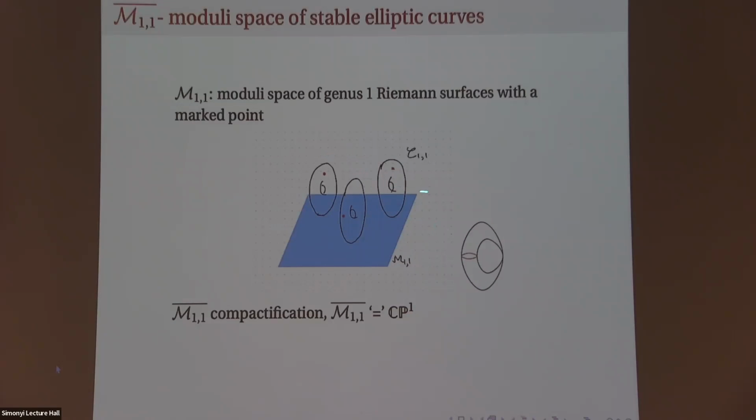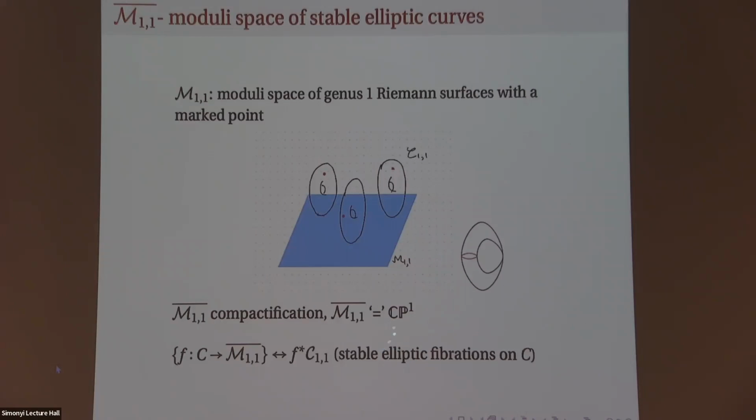And what happens is, the moduli space of genus 1 Riemann surfaces with a marked point can be thought of as C via, for example, the J invariant, and its compactification has this nodal curve at infinity. So M11 bar is sort of like CP1, and I say sort of because in reality it's actually a weighted projective stack P46.